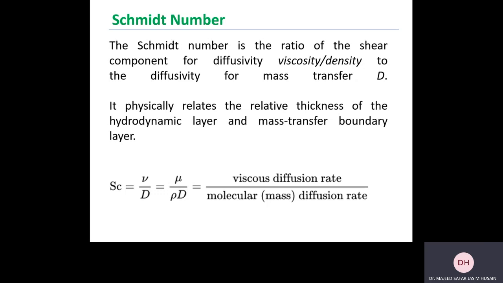The mass transfer boundary layer was dictated by the diffusivity or diffusion coefficient, whereas the thickness of the hydrodynamic layer is the ratio of the viscosity and density. So Schmidt is equal to viscosity divided by density divided by the diffusion coefficient.